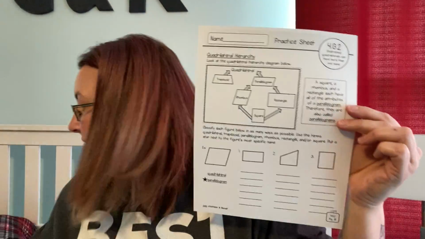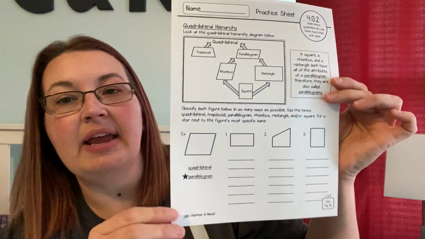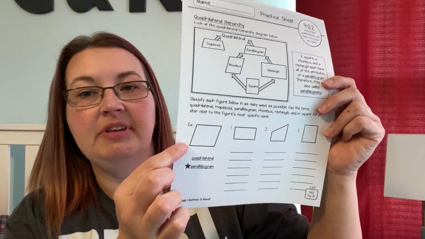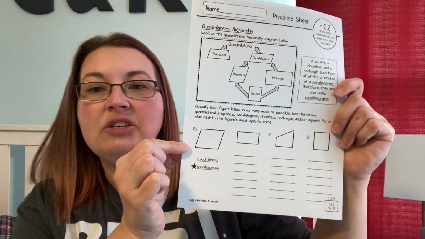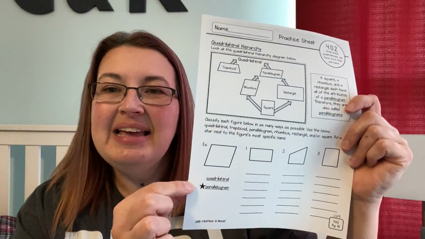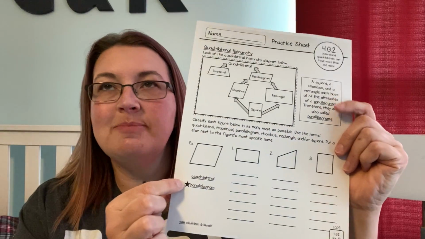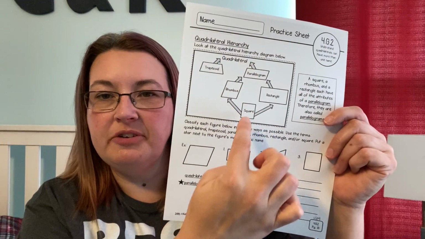The last page is my little quadrilateral hierarchy, similar to the quad squad. On this, it wants you to tell me all of the different ways that you can name each shape. For example, this one right here is a quadrilateral, but it's also a parallelogram. It does say, tell me which one is the most specific. That means which one is the furthest down.